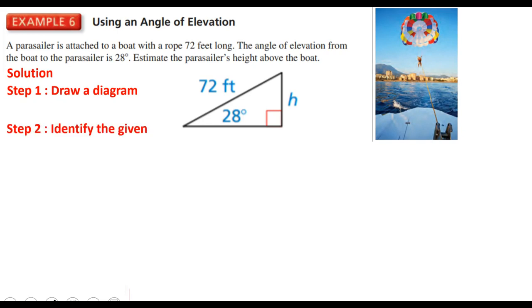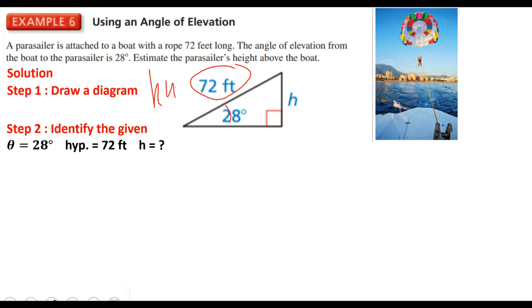Step two will be identify the given. Theta, which is our reference angle, is 28 degrees. And then the distance between the parasailer and the boat is actually your hypotenuse. And we are solving for the h here, which is the height. So now using our reference angle, that's your hypotenuse.